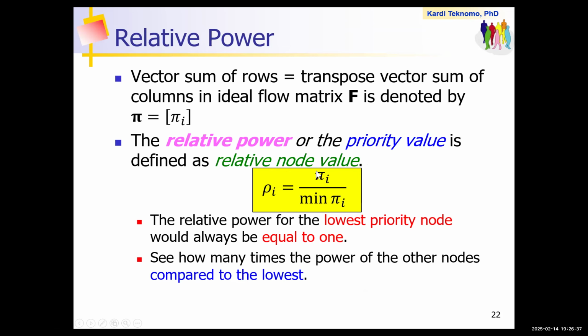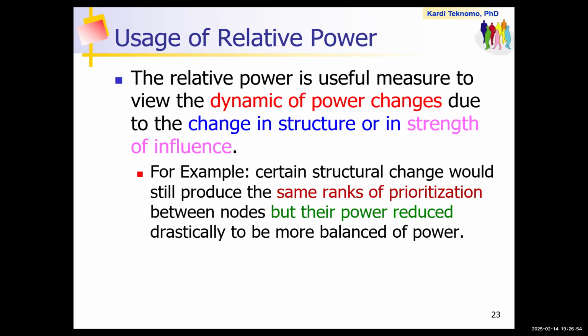For example, you can get this phi divided by the minimum of phi, or phi divided by the maximum of phi. It's up to you. Basically, a relative node value. That is relative power. So what is the usage of relative power?